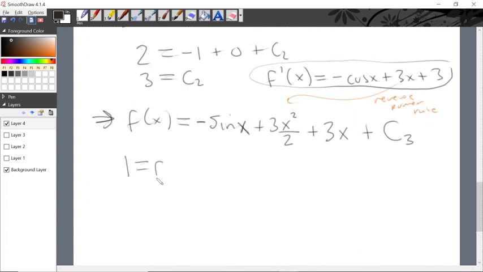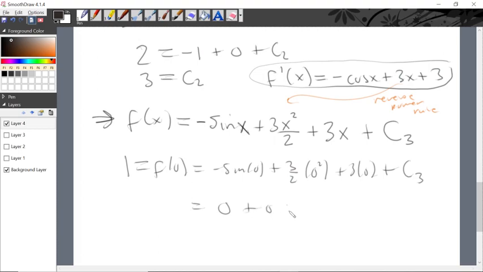So 1 equals f of 0 is negative sine of 0 plus 3 halves 0 squared plus 3 times 0 plus c3. And what do we get? Sine of 0 is 0. This is 0. This is 0. And plus c3. And we get c3 is equal to 1.